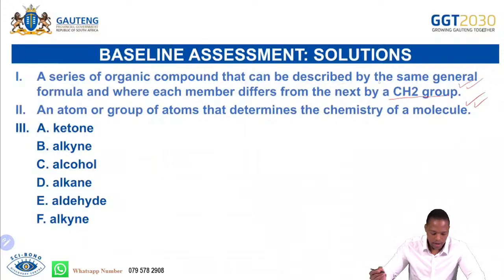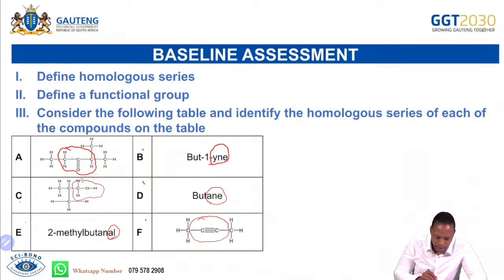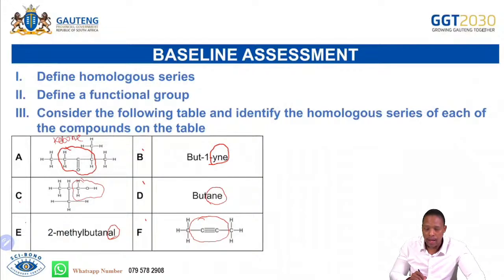Okay, all right. So the first compound, if you look at the structure there, we have a C double bond O and it is surrounded by 2 other carbons. So we should say this is a what? A ketone. Okay, and if you look at B here, going quickly, we have -yne as the name ending. That tells us that we are dealing with an alkyne.